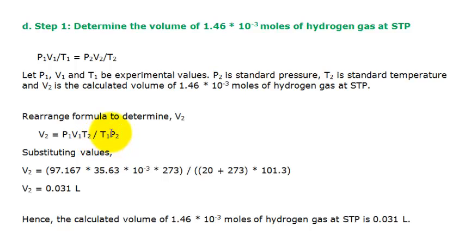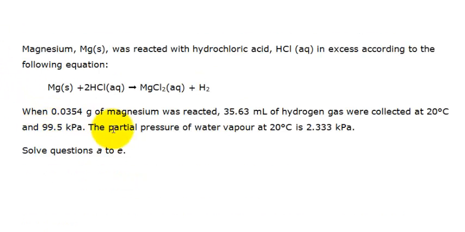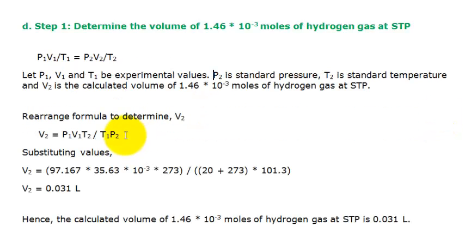It is a known value of 273 Kelvin. T1 is the temperature at which the hydrogen gas was collected. This value is given in the question, and the value is 20 degrees Celsius. Now we need to convert this value to Kelvin by adding 273. And finally, P2 is the standard pressure, which is a known value of 101.3 kilopascals.